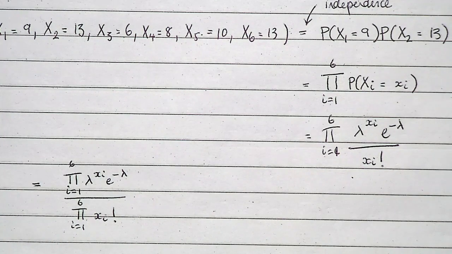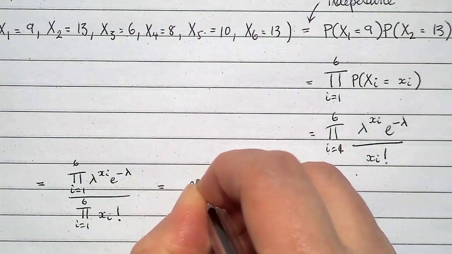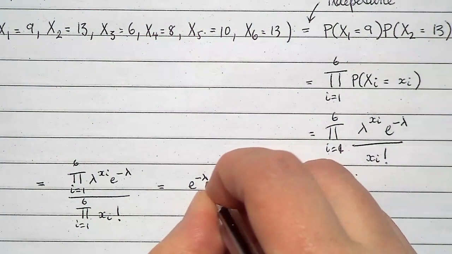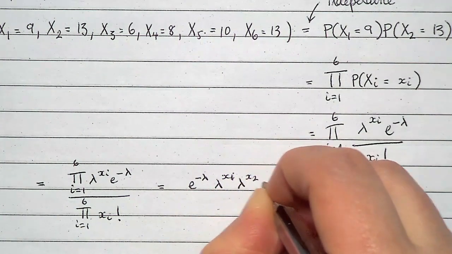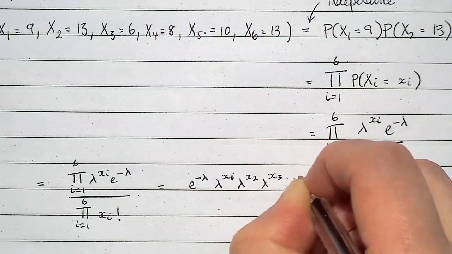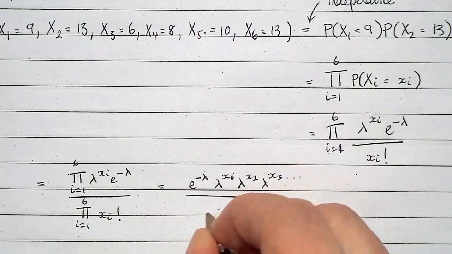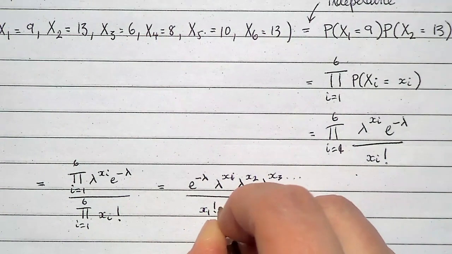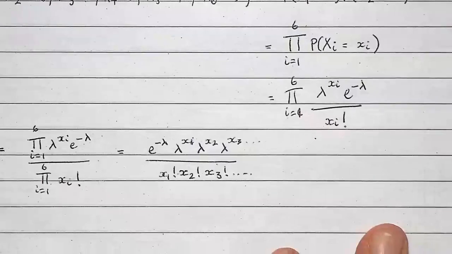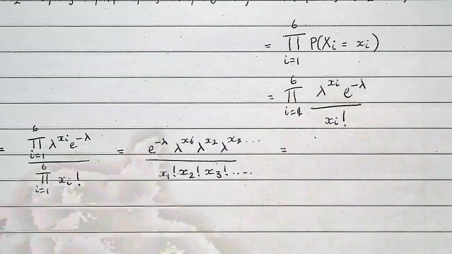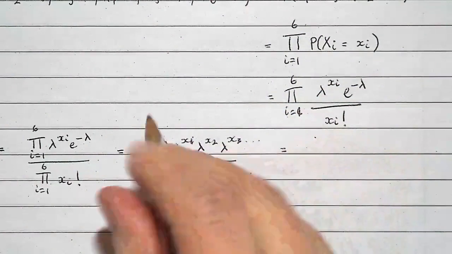And if I'm multiplying together lambda raised to the power of x1, lambda raised to the power of x2, etc., I can switch that to a sum. Well, actually, I'm going to have 6 of these, aren't I?